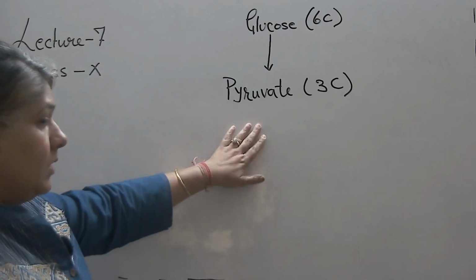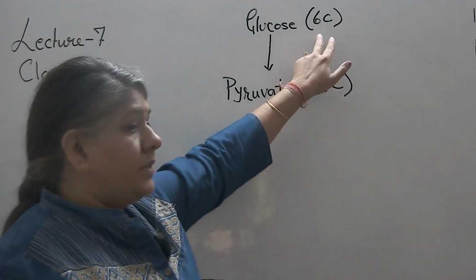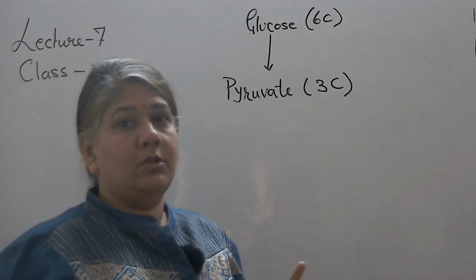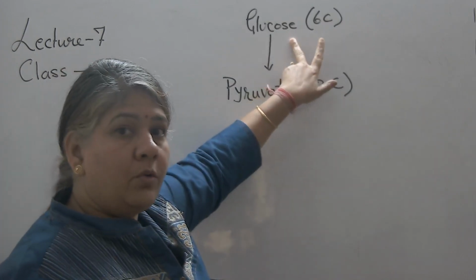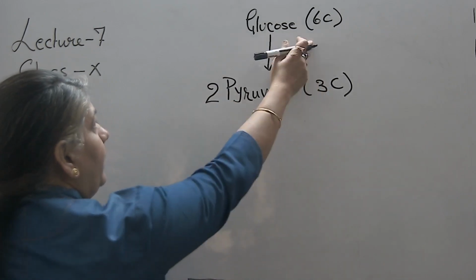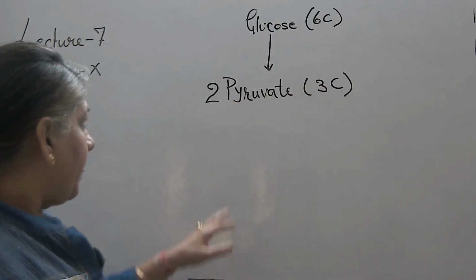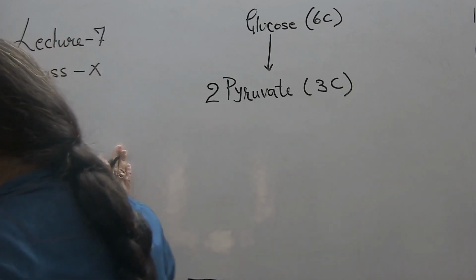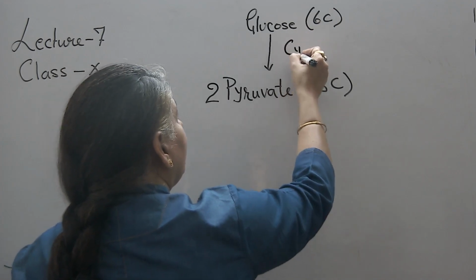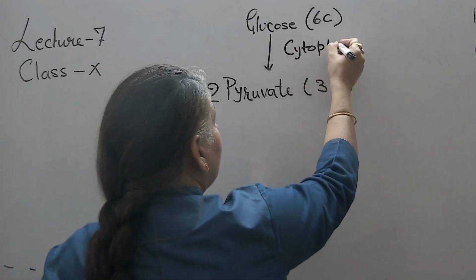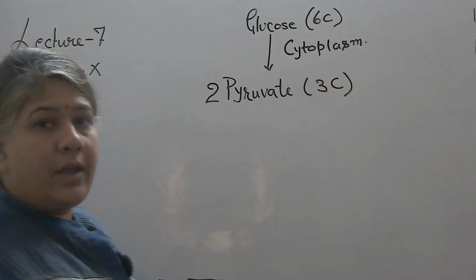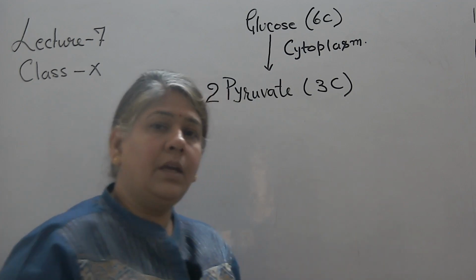Let's balance the carbon. With 6 carbons, we get 2 molecules of pyruvate. From 1 molecule of glucose, we get 2 molecules of pyruvate; only then will the carbon be balanced. This conversion takes place in the cytoplasm of both aerobic and anaerobic respiring organisms.